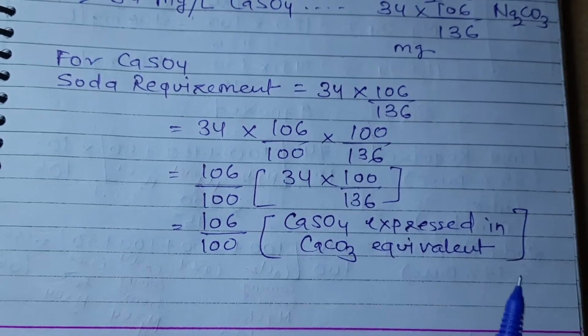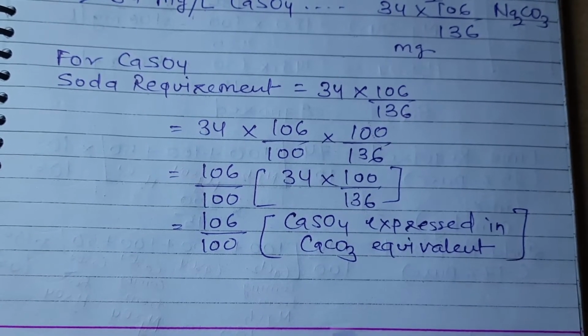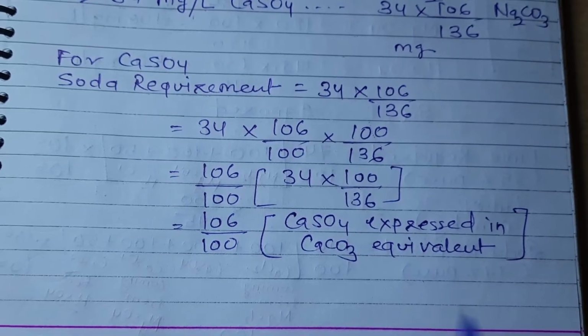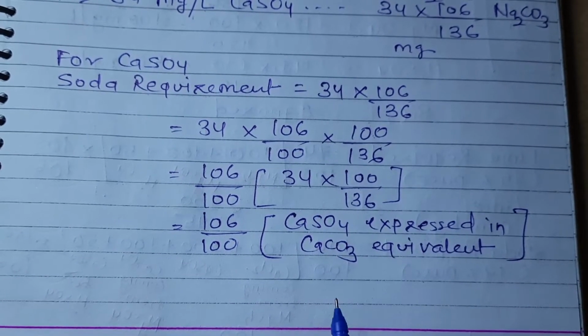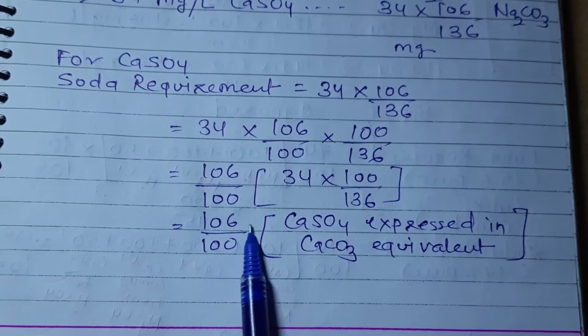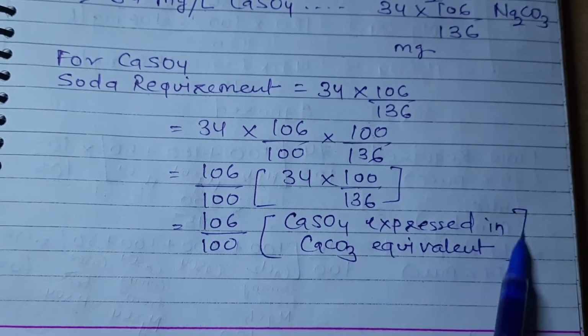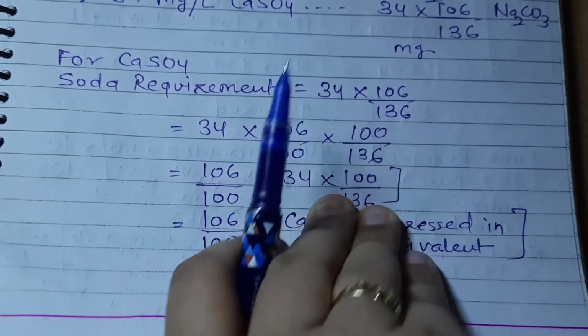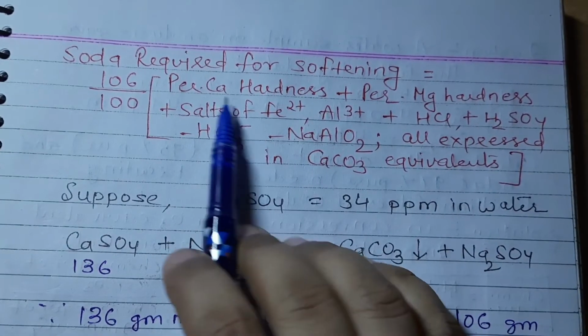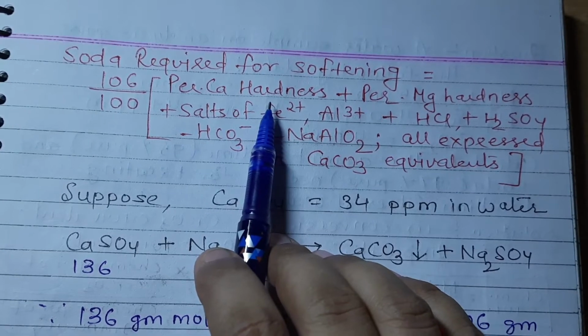Whatever be the concentration, we have to convert it. And this is the very first step that we used to do when we are doing lime soda calculations. So this expression is actually derived for only calcium sulfate, that is the permanent calcium hardness.